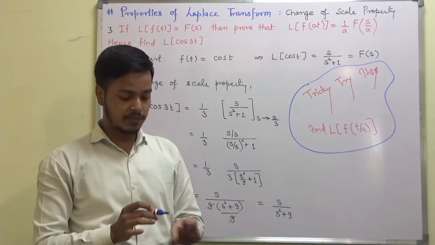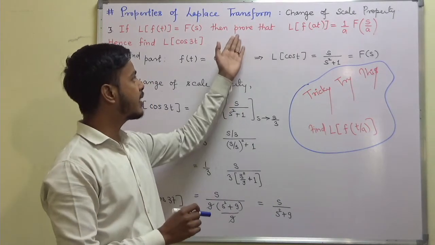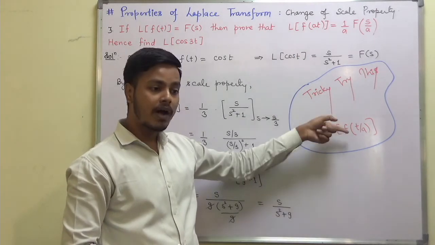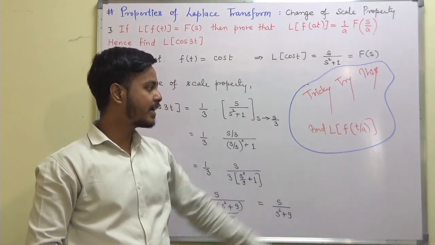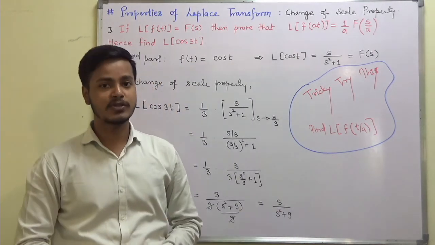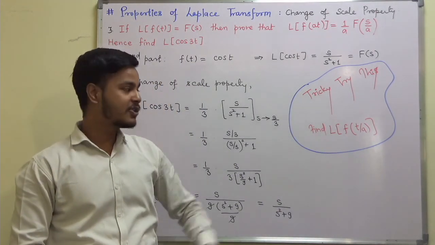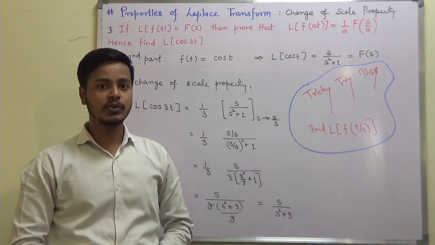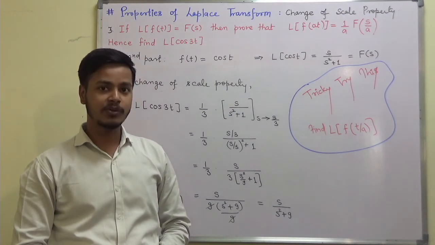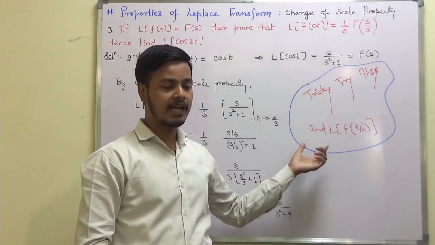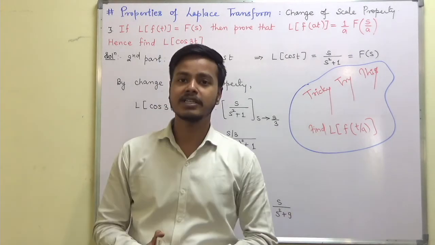Find Laplace transform of t by a. We have already seen Laplace transform of a t. This is f of 1 by a into t, that is t by a. Okay, so that is the question that you can solve, and try to write down its answer in the comment section so that I can know that you have solved this problem, and I will let you know whether the problem is correct or not.